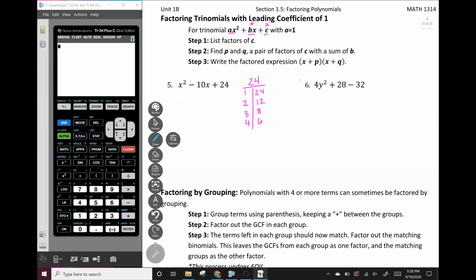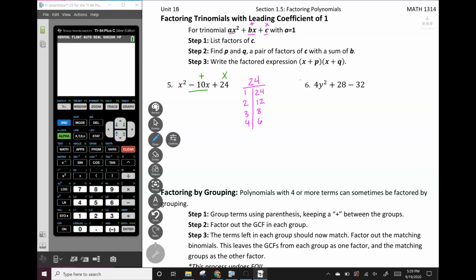And then step 2 says find p and q, a pair of factors of c with a sum of b. So basically out of this list, which ones would multiply to give us c? Well, all of them. Which ones would add to give us b? Okay, so they multiply to give us 24. Here's our list of numbers that multiply to give you 24.